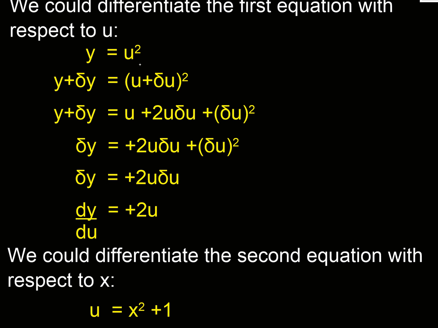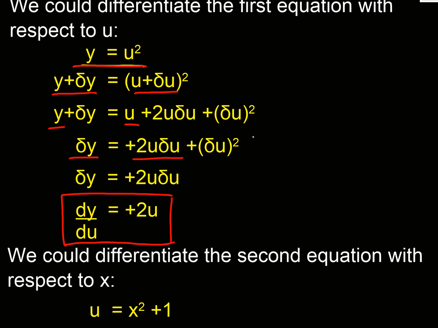You're probably okay with the idea that if I did this with x squared rather than u squared, our differential would be 2x, and in this case, of course, our differential is going to be 2u, because if we do our little triangle, y plus delta y is going to equal u plus delta u all squared, and these two first terms will cancel out, and therefore our little delta y is going to be 2u times delta u, and this term here is going to go to 0, and therefore dy by du equals 2u.